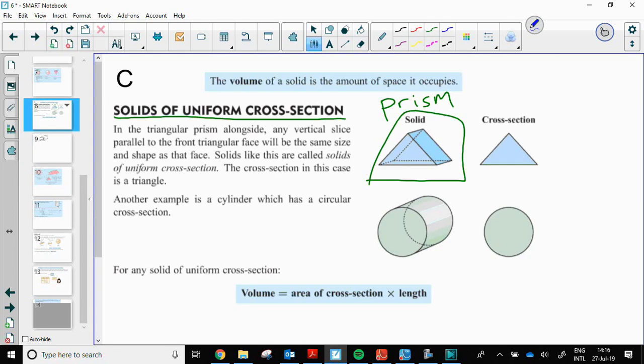Anyway, to find the volume of a prism of any type, all we're going to do is take the area of the cross-section, and the cross-section is really just the same as the parallel bases. Every single prism has 2 bases which are parallel, and then we multiply by the length, which is going to be the distance between those parallel bases.